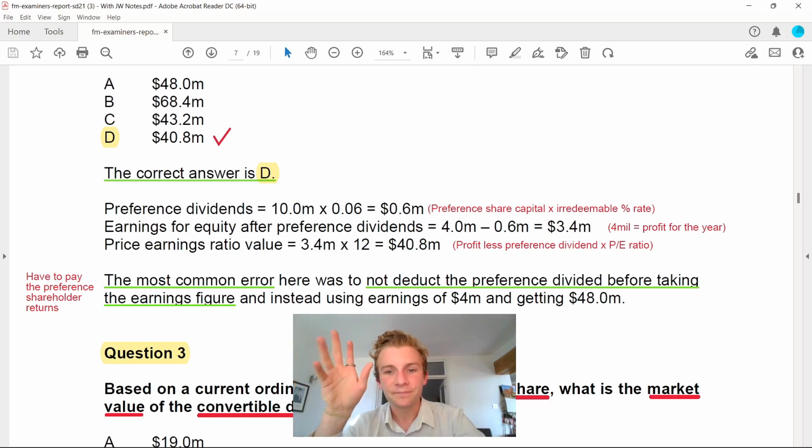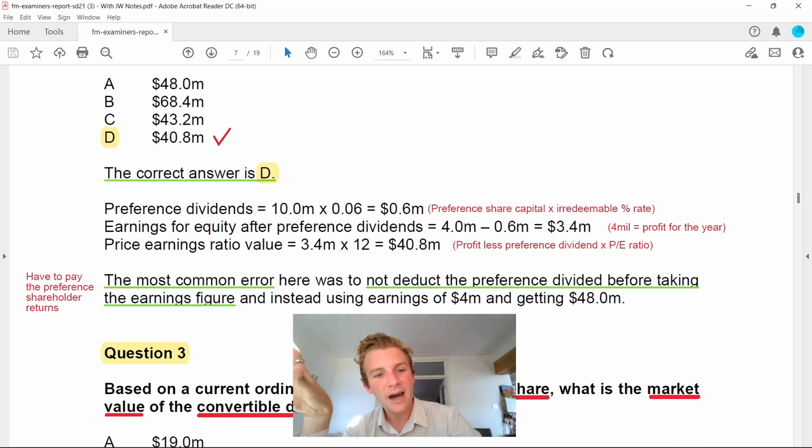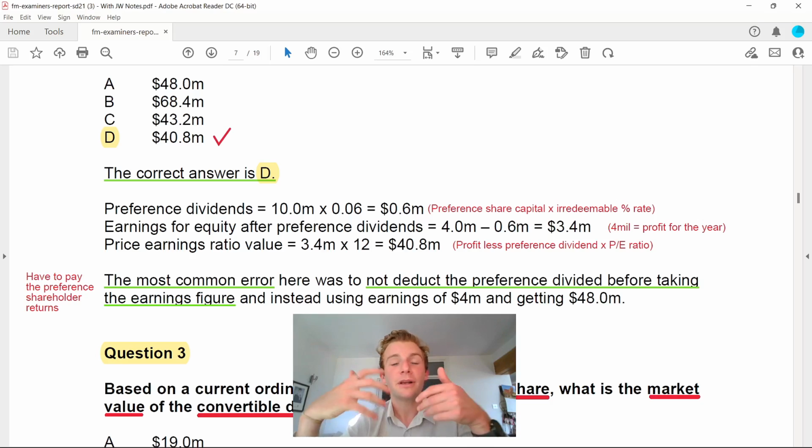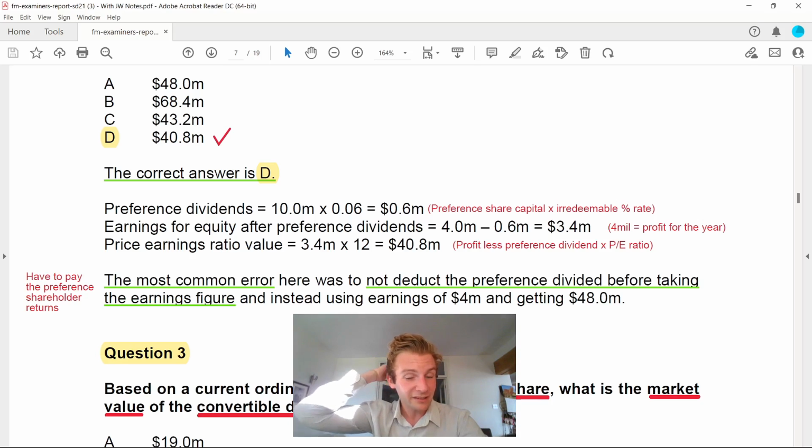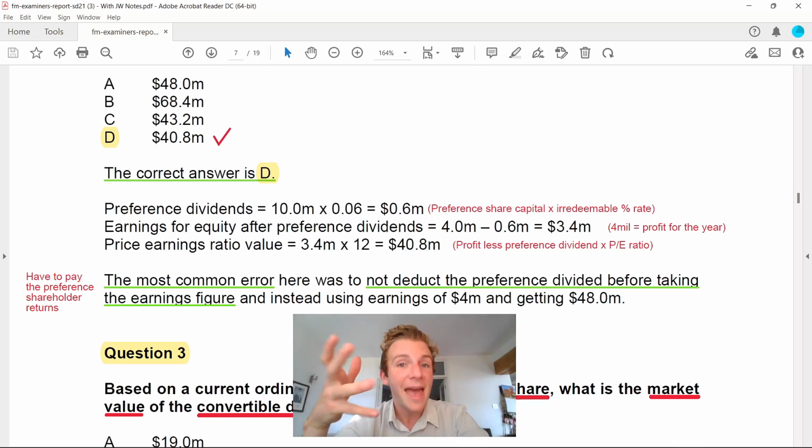Then we've got the earnings for equity after the preference dividends. So 4 million is the profit for the year, minus those preference dividends, and because it's a preference dividend, we have to pay it out every year. That's the risk that they actually have borne, so that's the return we have to give on an annual basis.